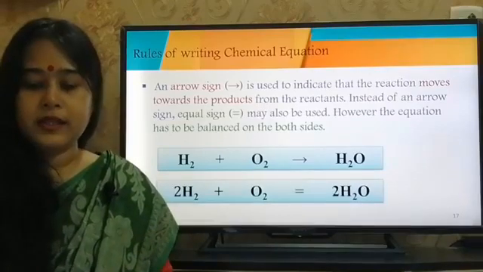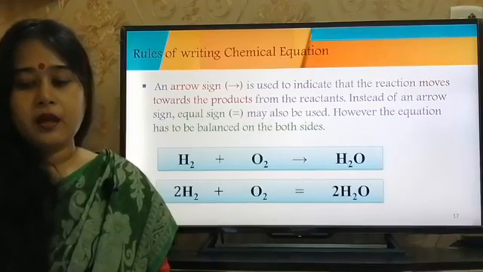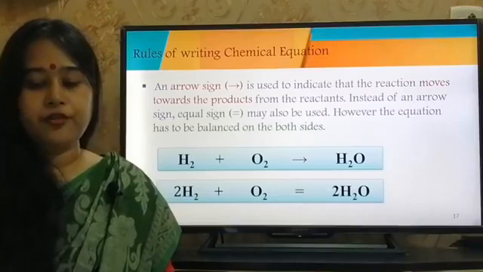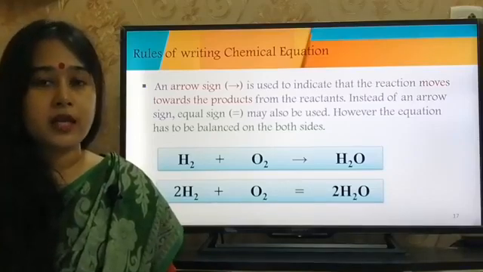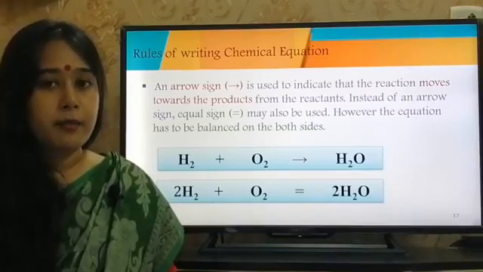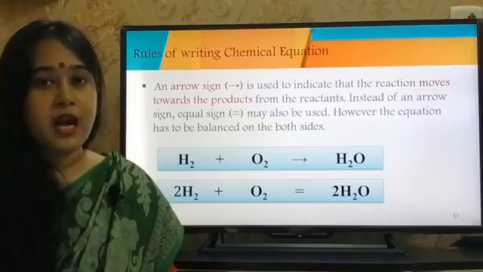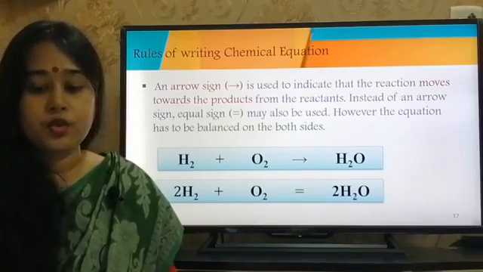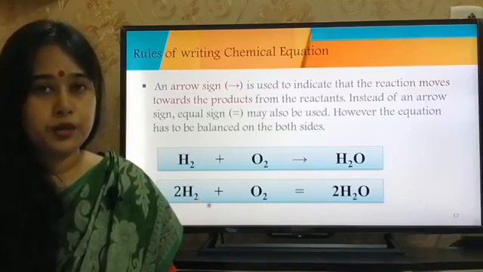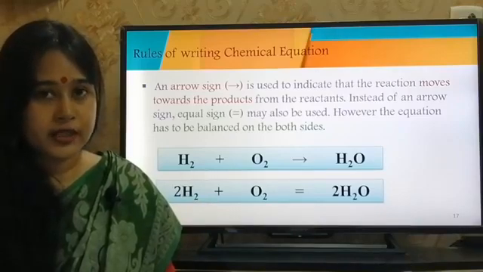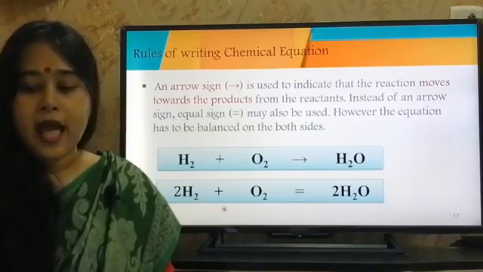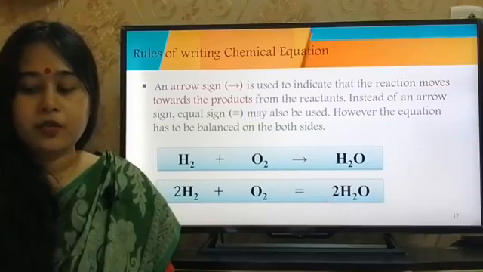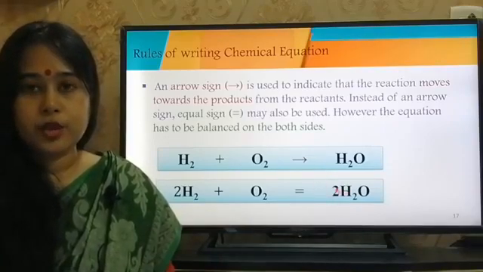Okay, now let's see. Here if you observe carefully, you can see on the reactant side the number of hydrogen atoms is 4, that is 2 into 2 equal to 4. So we have 4 hydrogen atoms on the reactant side, and on the product side we have also 4 hydrogen atoms, like 2 into 2 we have 4.